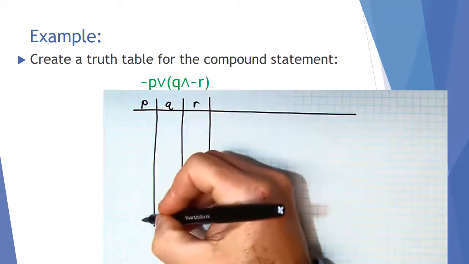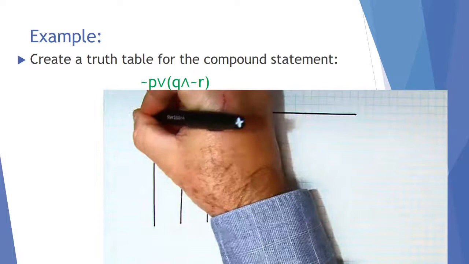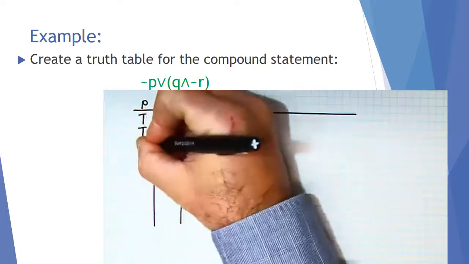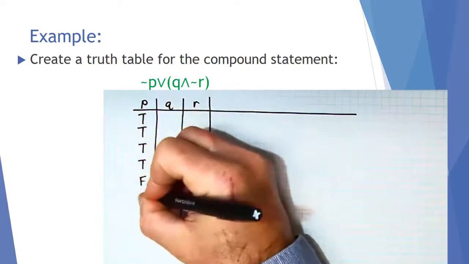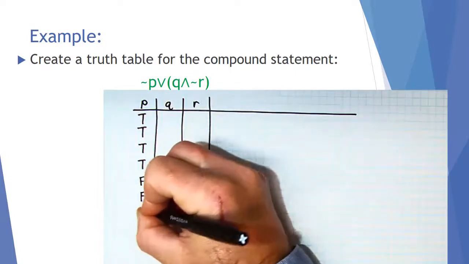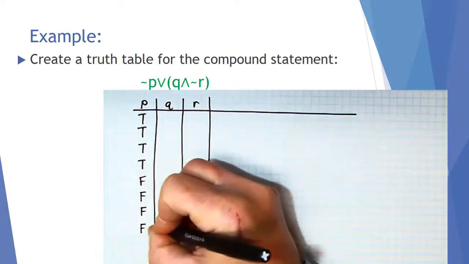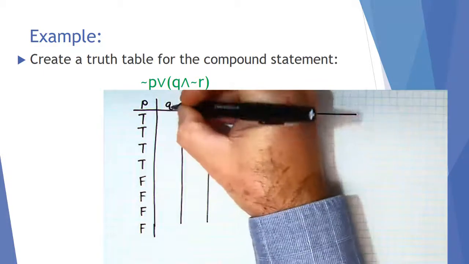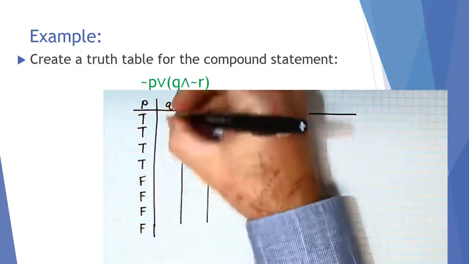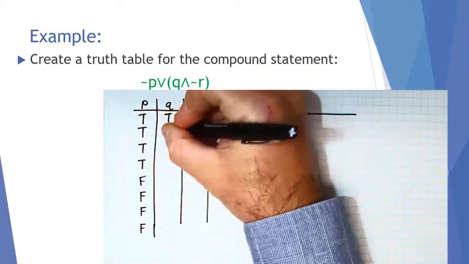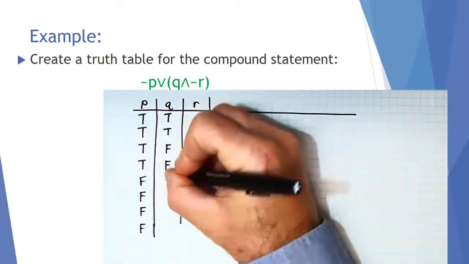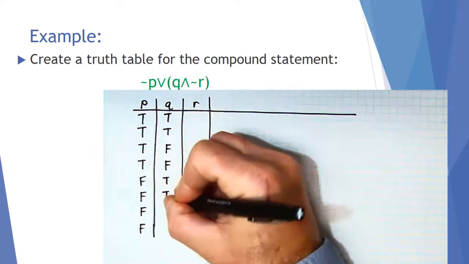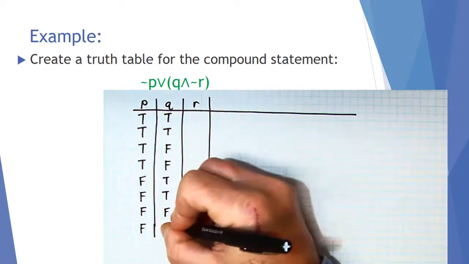We're going to have 8 rows, and so P will have 4 true possibilities and 4 false possibilities. Then Q, we're going to follow a pattern here. It can be true, true, false, false, true, true, false, false.